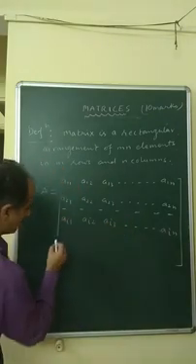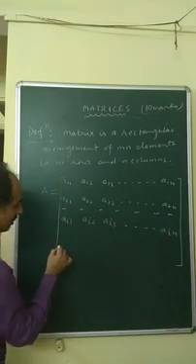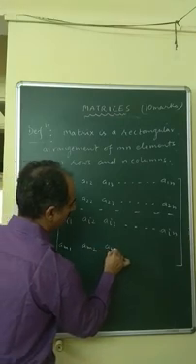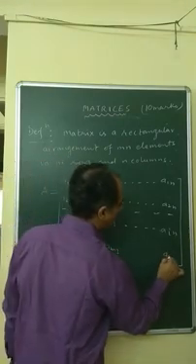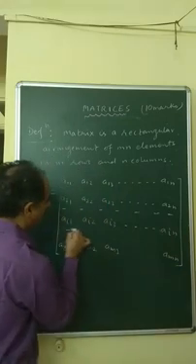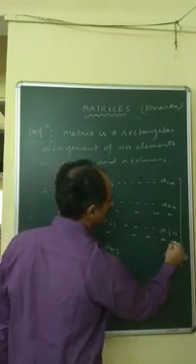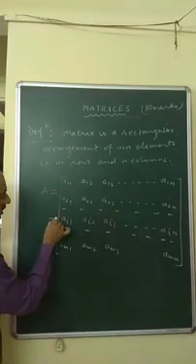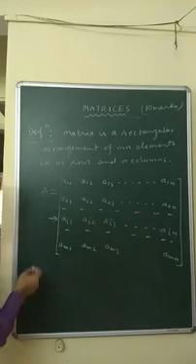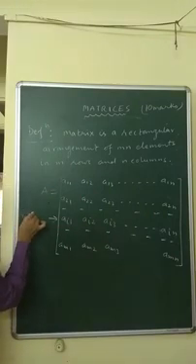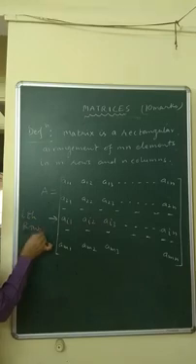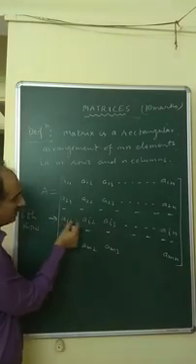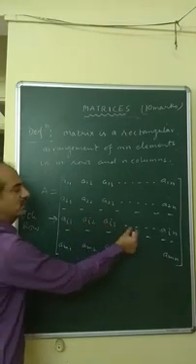If the order of this matrix is m cross n, the mth row will be am1, am2, am3 and amn. So this is the general way of writing a matrix. This is the first element of the ith row, the second element of the ith row, and so on.